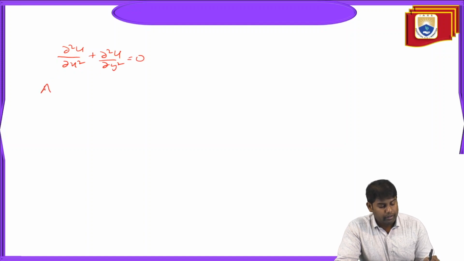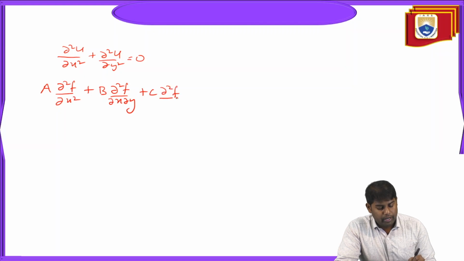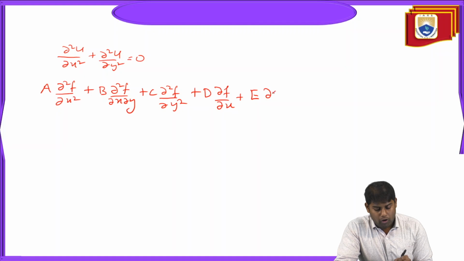So again I'll write the equation: a ∂²f/∂x² + b ∂²f/∂x∂y + c ∂²f/∂y² + d ∂f/∂x + e ∂f/∂y + g = h, you take something like that.